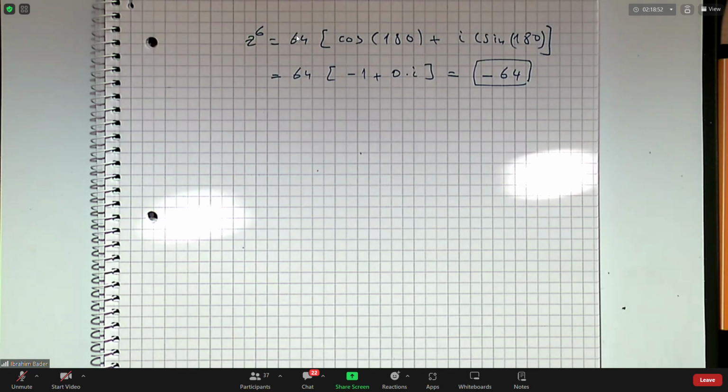I see some faces, I assume they have questions, but anyway. Okay. So everyone agrees here for this calculation.